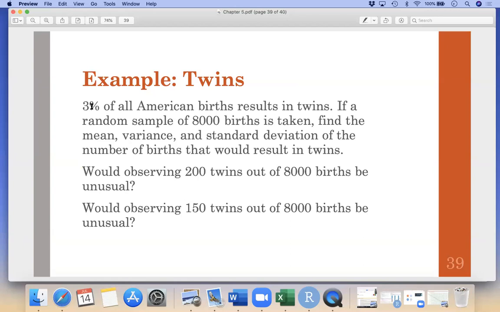If a random sample of 8,000 births is taken, what is our n? This value. Find the mean, variance and standard deviation of the number of births that would result in twins. This is very simple. To find the mean, we need n and p. This is our n, this is our p. So we can find these three parameters. We will do this.